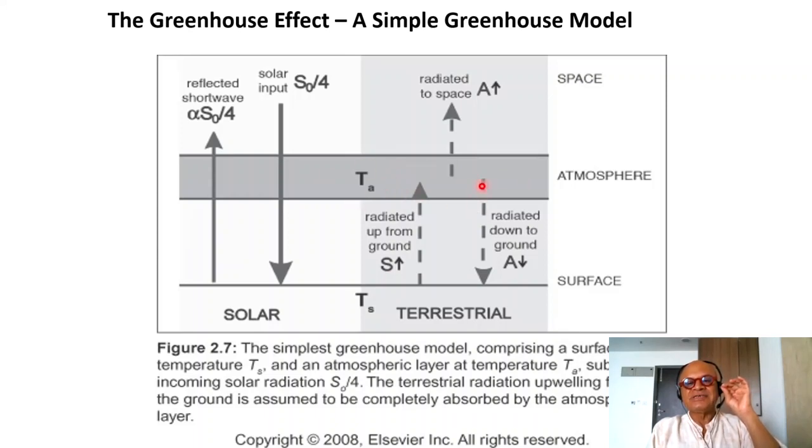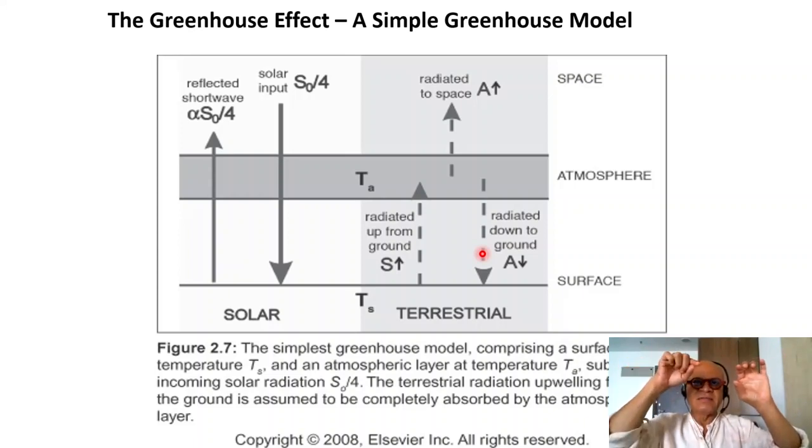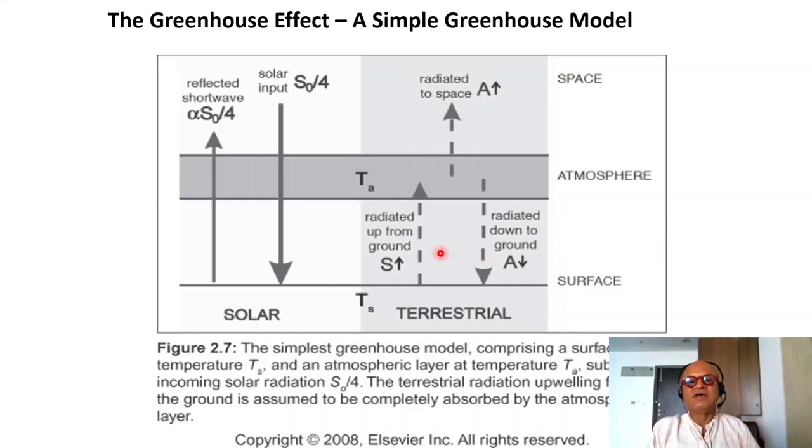That temperature TA is actually a net of what it will send to space, but also downward, because any black body is going to emit radiation in every direction. So if you have the atmosphere above the surface, the atmosphere is going to send energy to space as well as back down. So the net temperature TA is determined by the energy received from the surface, and then it's going to be bounced up and down.